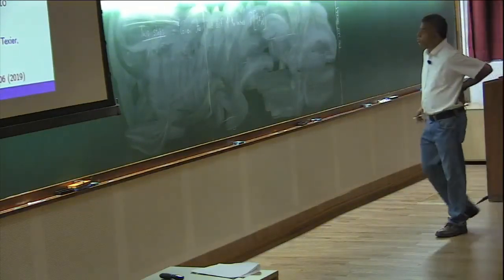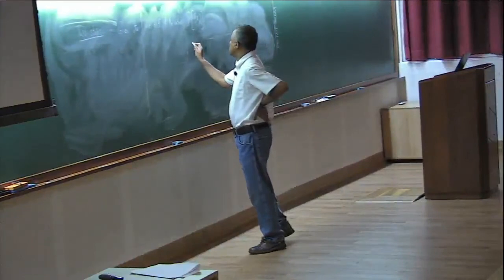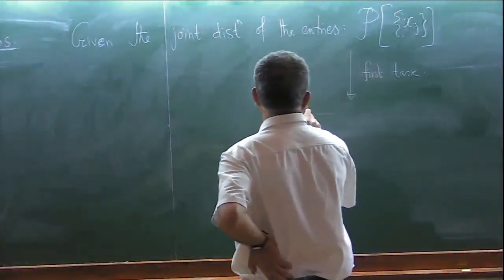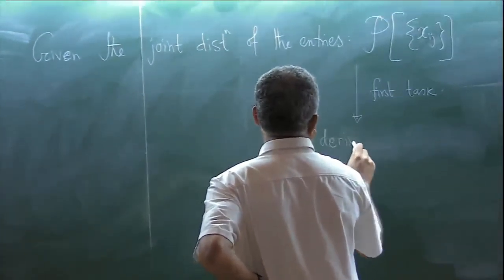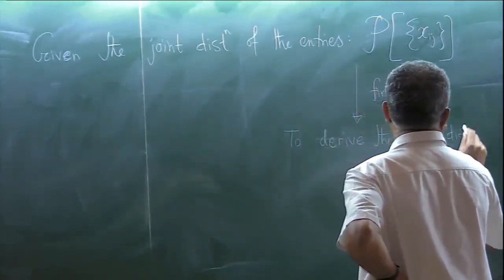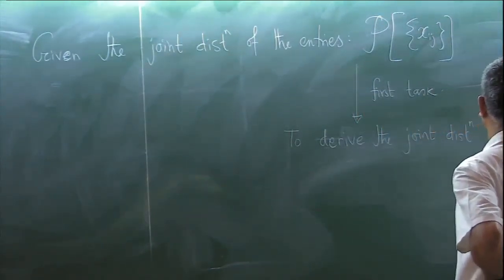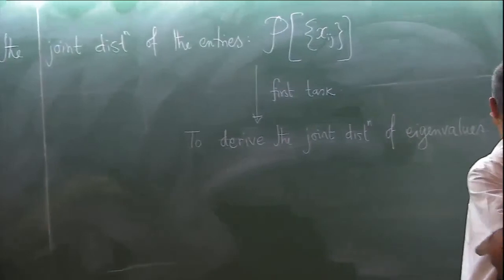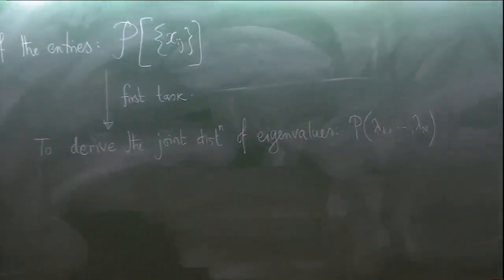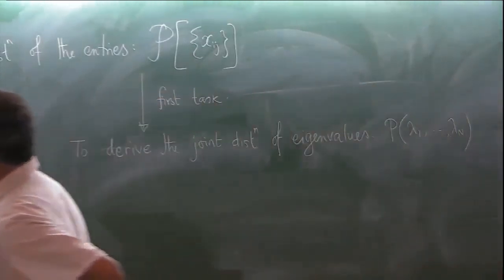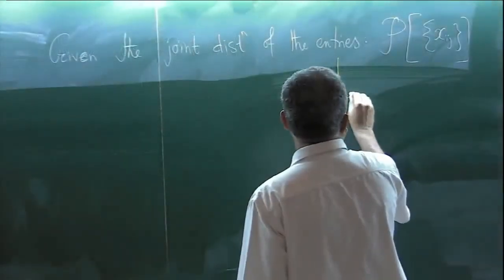So given the joint distribution, our first task is to find the joint distribution of the eigenvalues. This is a formidable problem, a very difficult problem, and in many cases the answer is not known.